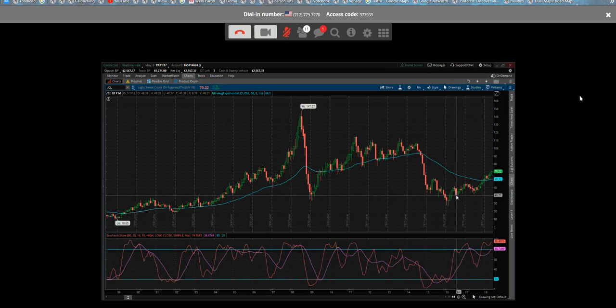So I suspect that we will go up to 107 real quick, and then from there the drop would be significant. And at 107, all the shale operators start pumping a lot more, putting a lot more product into the market. And so that alone will drive the prices back down again.